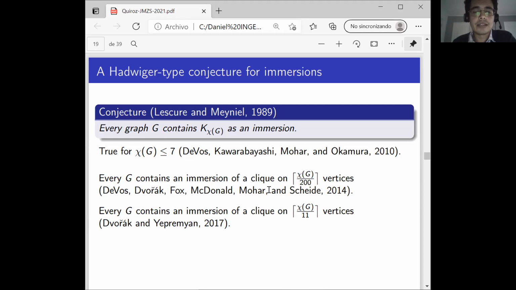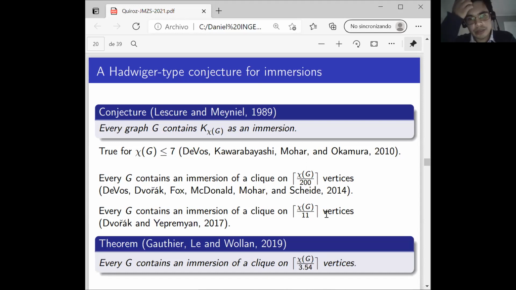And Dvořák and Yepremyan further improved this to show that any graph G contains an immersion of a clique on the chromatic number over 11 vertices.